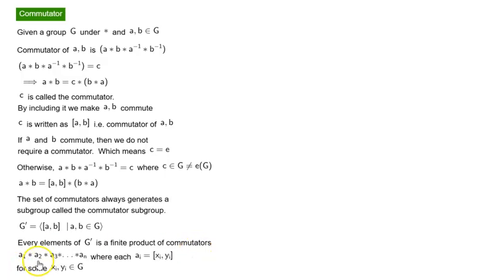So A1 times A2 times A3 dot dot dot up to AN, where each Ai is equal to the commutator of Xi, Yi for some Xi, Yi in G. Now we will look at examples and try to understand what is happening here.